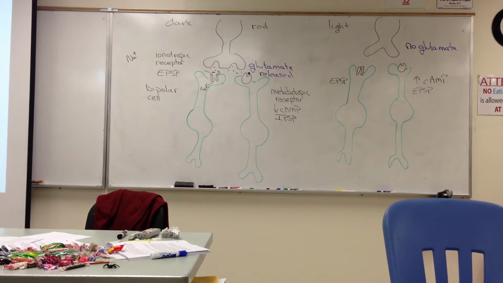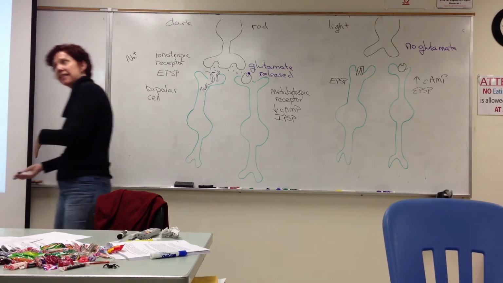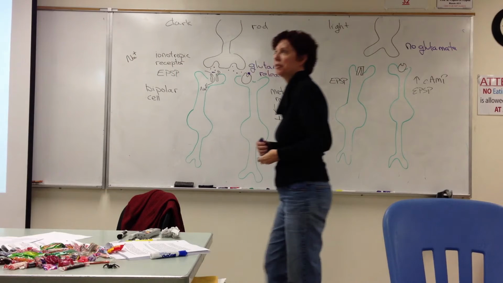That's kind of what we saw without going into the details of the basal nuclei: how excitation of one activity could cause inhibition of something else. Rather than knowing the direct sequences of all that, I just want you to know it can happen, that we can get inhibition by exciting something that releases an inhibitory neurotransmitter, or we can get excitation by inhibiting something that releases an inhibitory neurotransmitter.